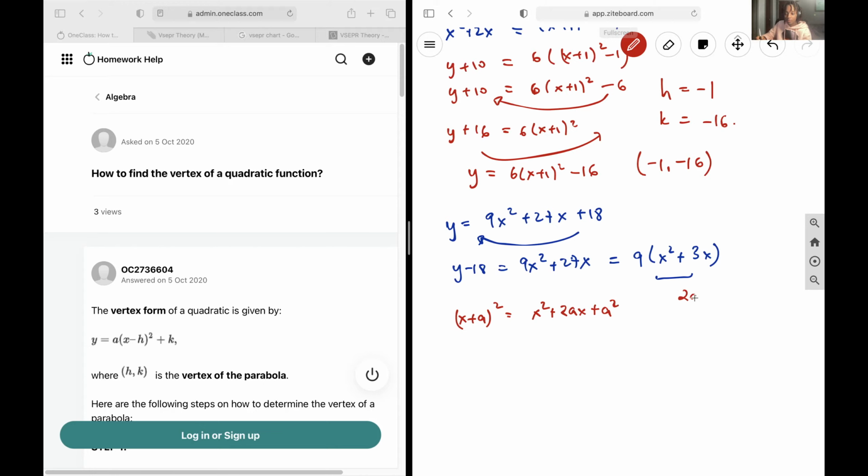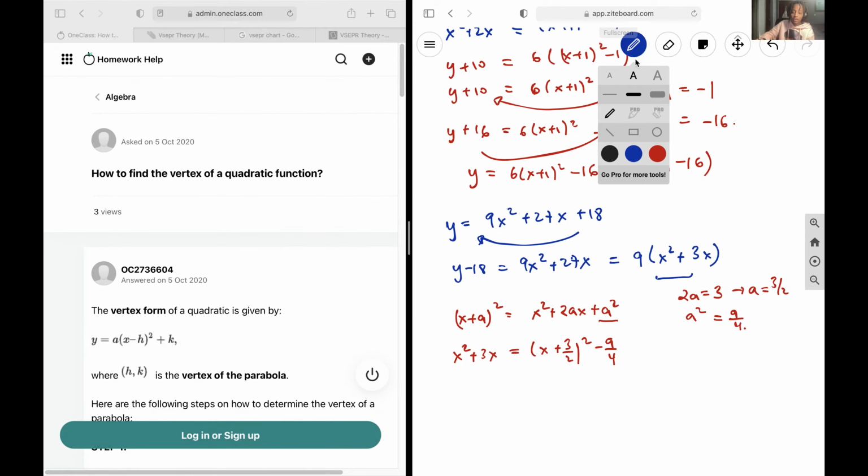And so we want 2a to be equal to 3, which means that a is equal to 3 over 2. And this would mean that a squared is equal to 9 over 4. So all in all, this means that x squared plus 3x is equal to x plus 3 over 2 squared minus 9 over 4. We want to take away that extra factor that's here.